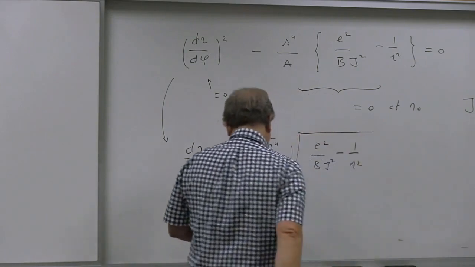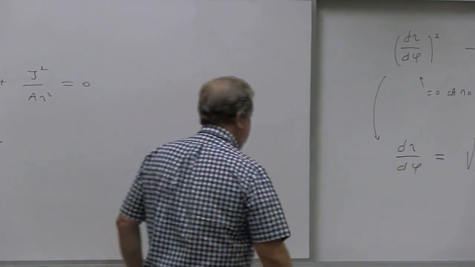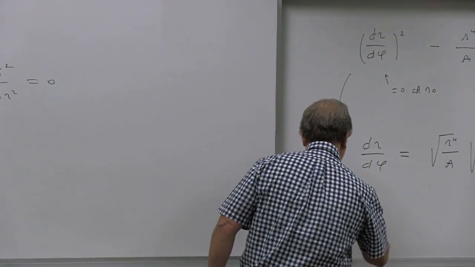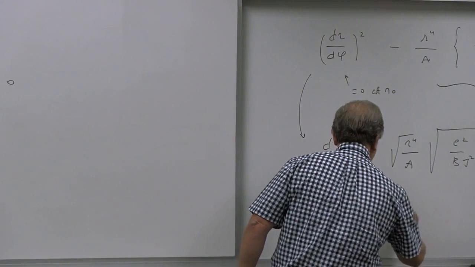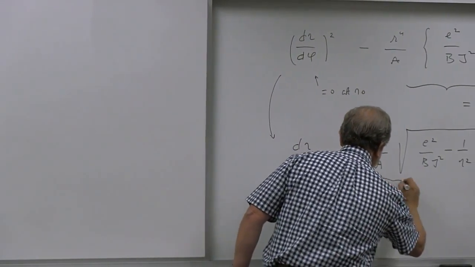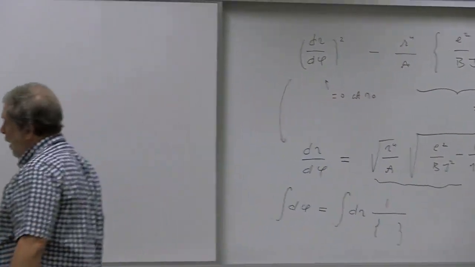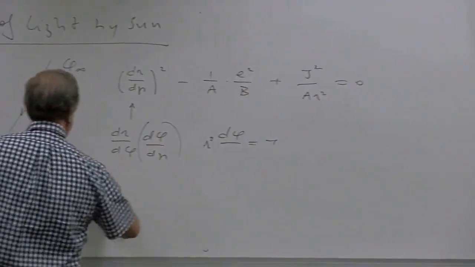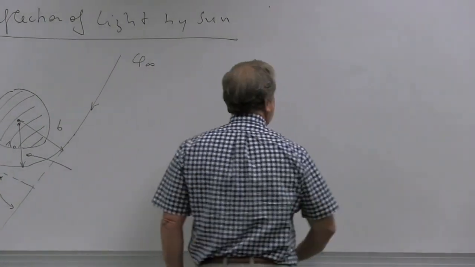Then we integrate, so we write the integral in d phi is equal to the integral in dr times 1 over this expression. That's very much similar to what we had in the case of the precession of perihelion of Mercury. So you do the integral.